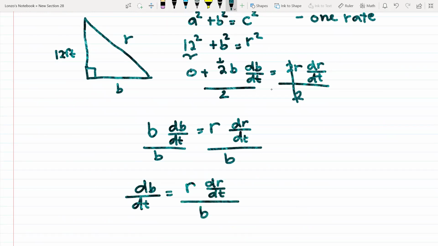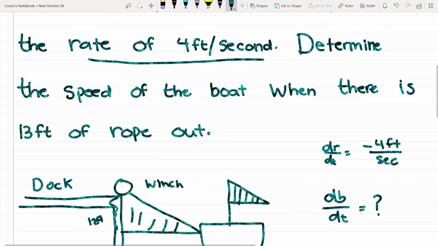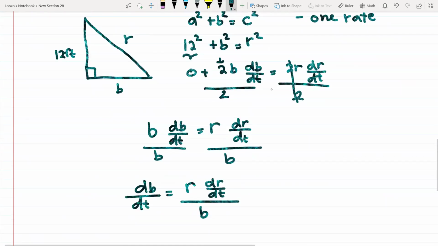Now we know what dr/dt is. Do we know what r is? Yes, I think that was given. They're saying that when there are 13 feet of rope out, you can replace r with 13 feet.